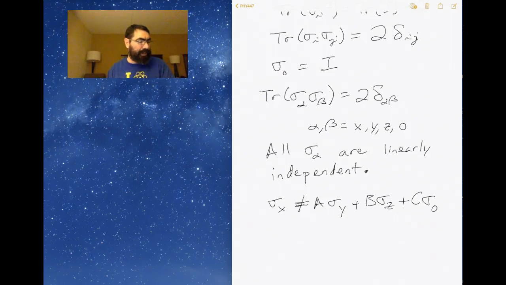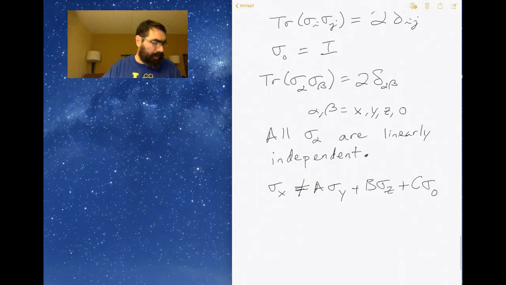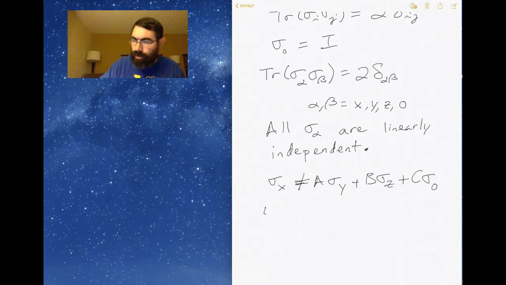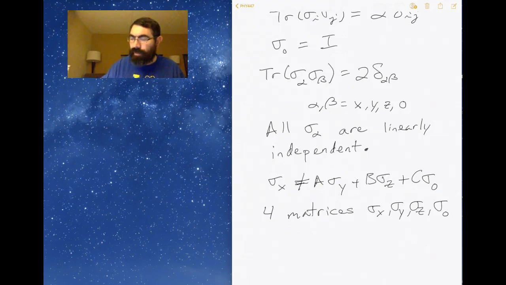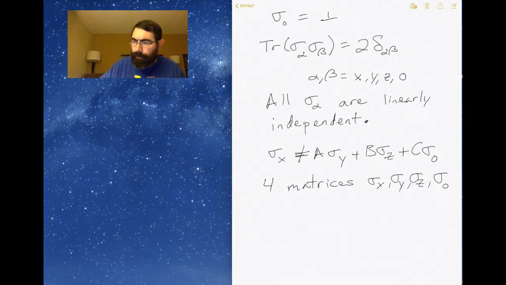So the 4 matrices that we have now, sigma x, sigma y, sigma z, and the identity, sigma 0, are the minimum for a basis.